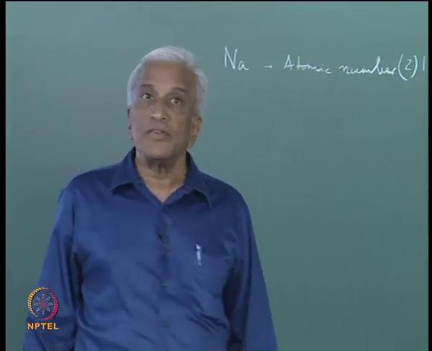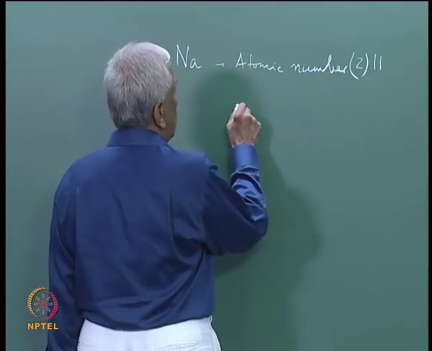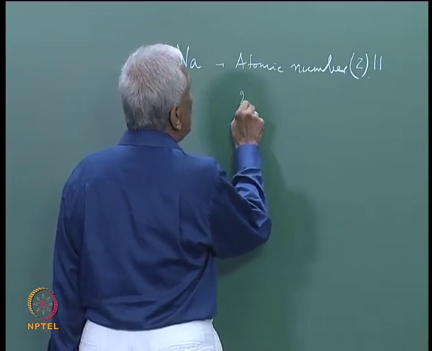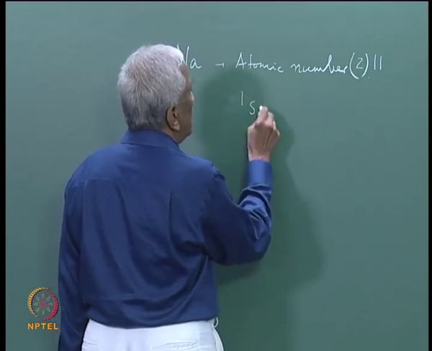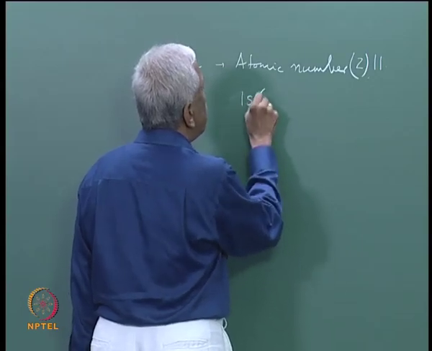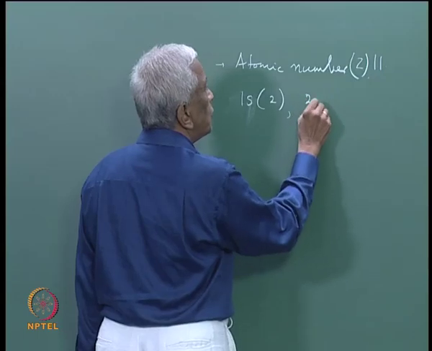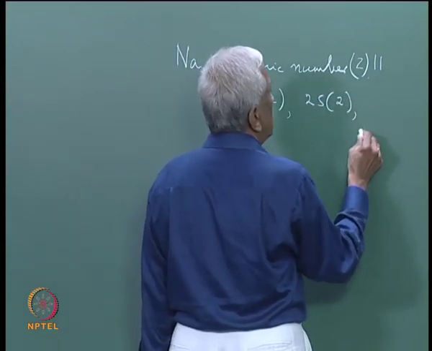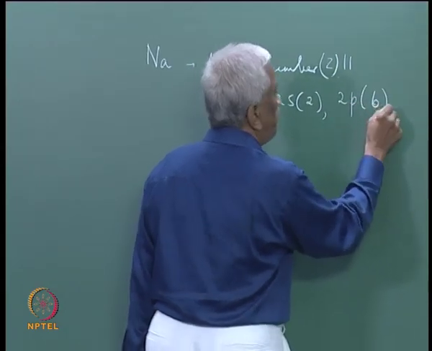There are 11 electrons in the sodium atom, of which 10 go into the so-called closed shells: 2 electrons go into the 1s shell, and then 2 electrons go into the 2s shell, and then 6 electrons go into the 2p shell.